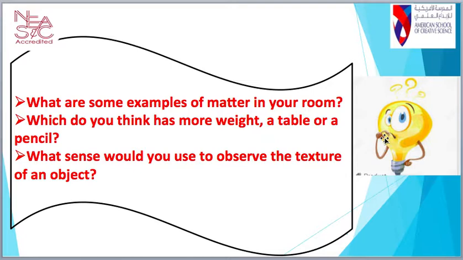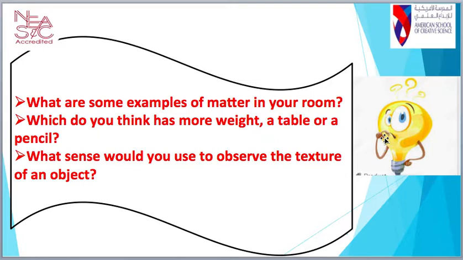So there might be, for example, a table, where the matter is solid and it is made of wood. And if you look, for example, the pencil that you're holding is solid and is made of wood. Well done. So let's go to the next question.